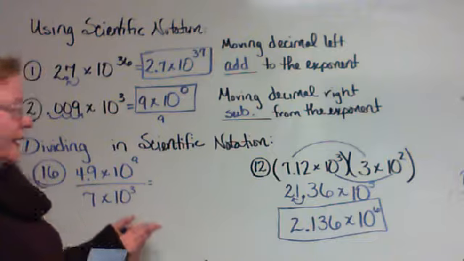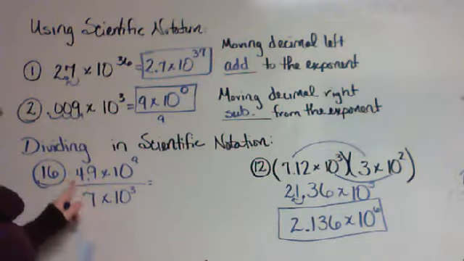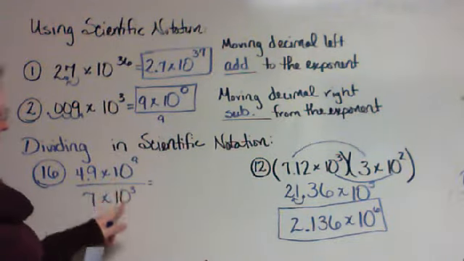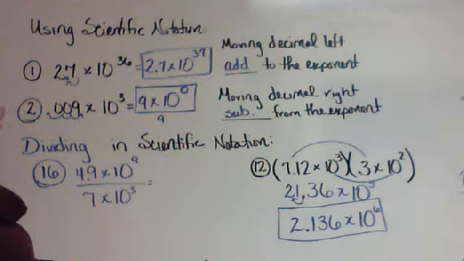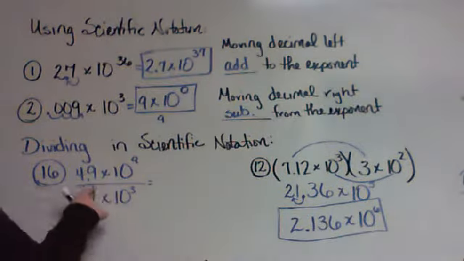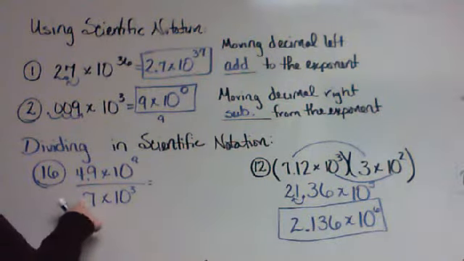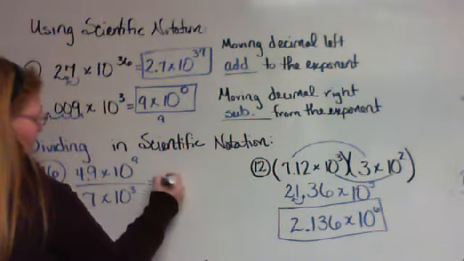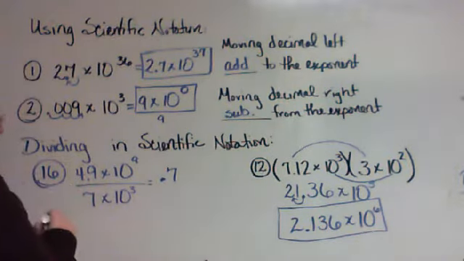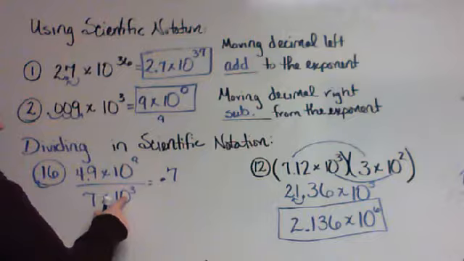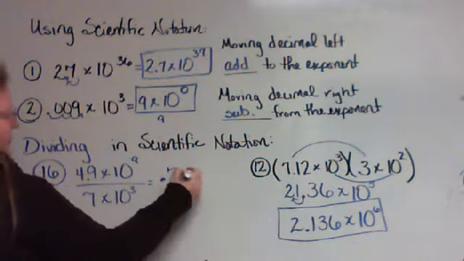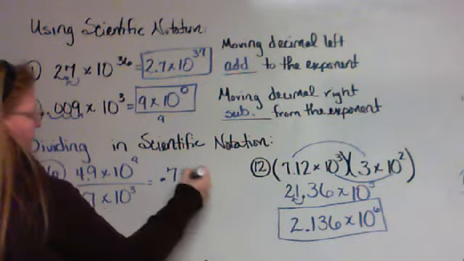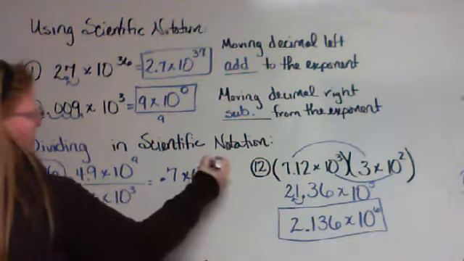So I can do my numbers in front and then take care of these numbers back here. So when I do this division, 4.9 divided by 7 gives me 0.7. And then when I divide, that means I have to subtract my exponents, so that's times 10 to the 9 minus 3 is 6.